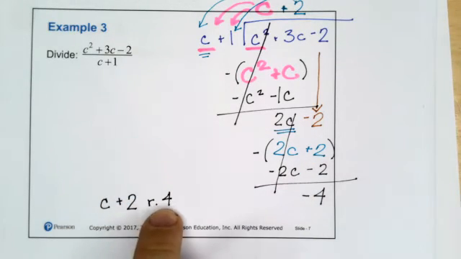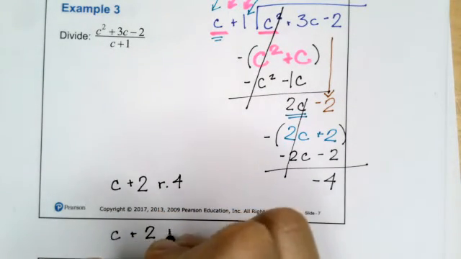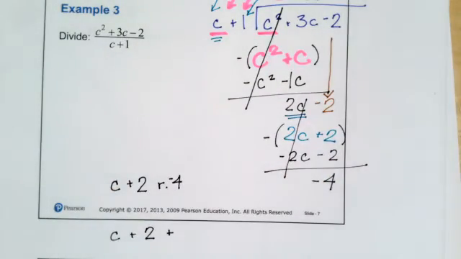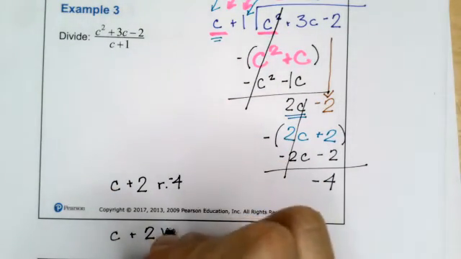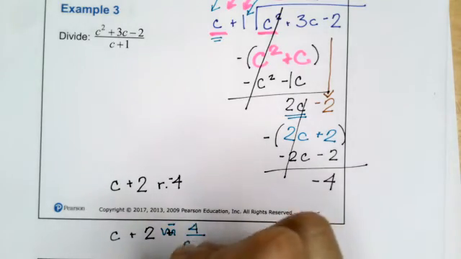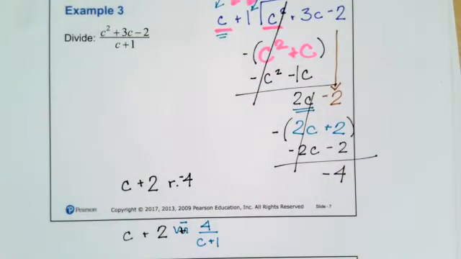I'm pretty sure that MyMathLab asks for a remainder. If not, you just say C plus 2 plus remainder -4. Ignore that I just said the word plus. C plus 2 minus, good, 4 over whatever you had right here. 4 over C plus 1.